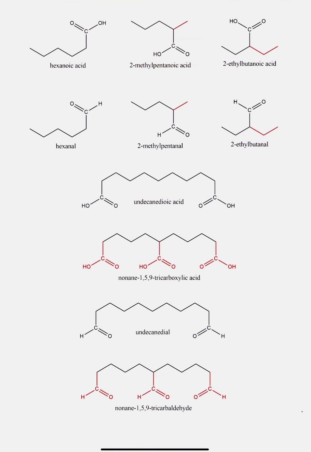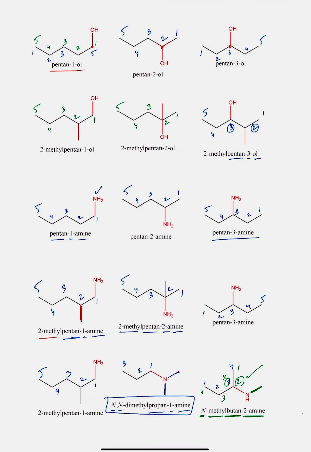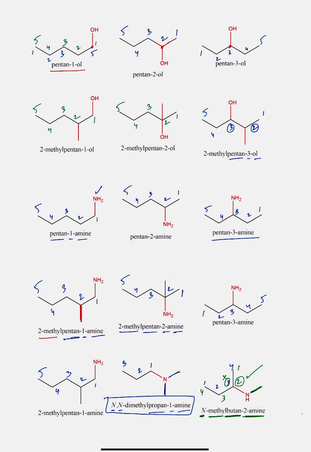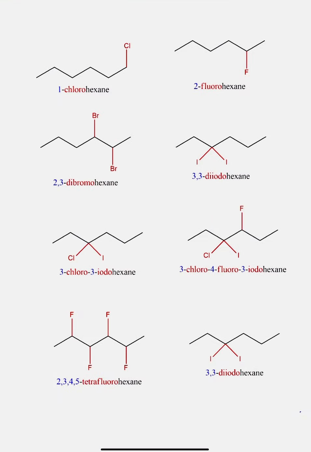Now until now, what did you see? We saw that halides, alcohols and amines were not part of the parent chain, because the parent chain is always composed of carbons, and these groups do not contain carbon. They cannot be part of the parent chain. They are attached to the parent chain from outside.